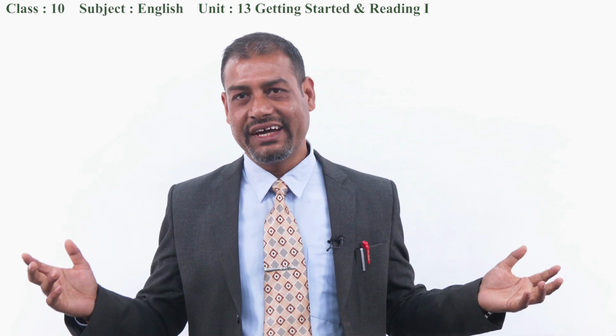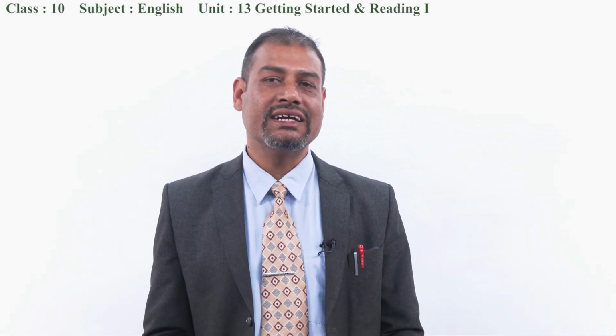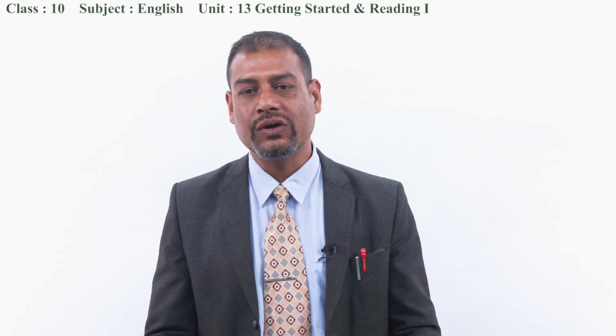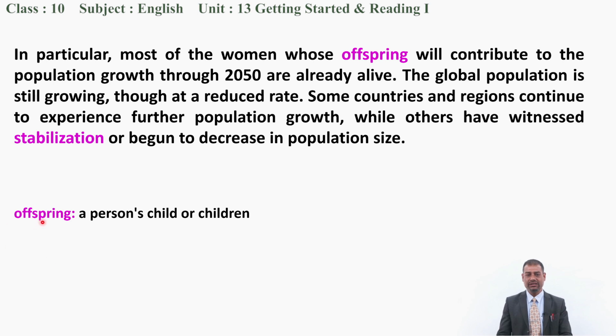Good. Again, we are going to discuss the meanings of these two highlighted words. The first one in this paragraph is offspring. So what does it mean in this context? Once again, let me show you the meaning of this word: a person, child, or children.